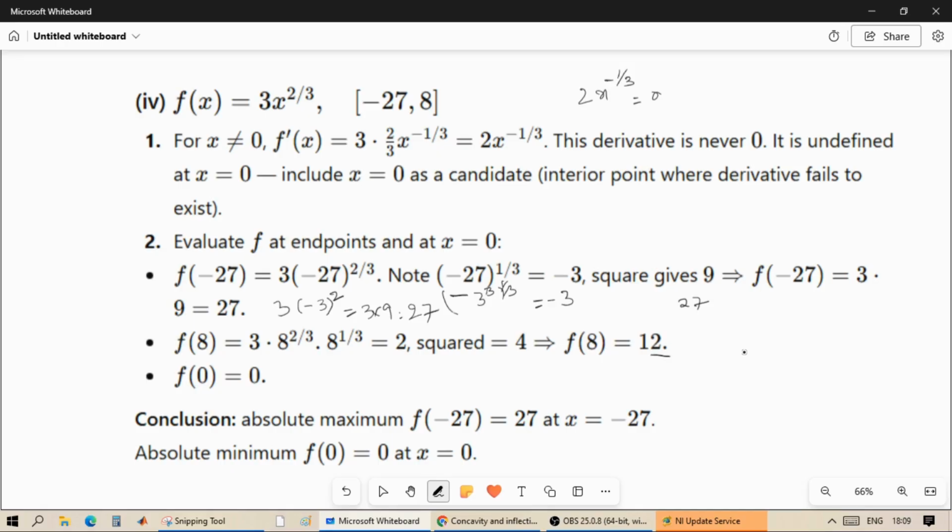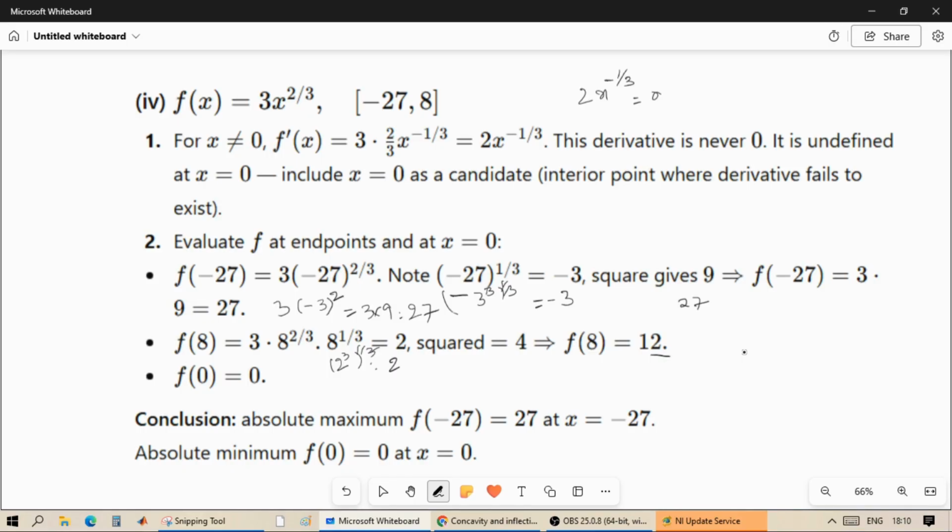And next, at the other end point, f of 8 is 3 into 8 power 2 by 3. You can write 8 power 1 by 3 as 2, because 2 cube whole power 1 by 3, the 3s cancel, that is 2.